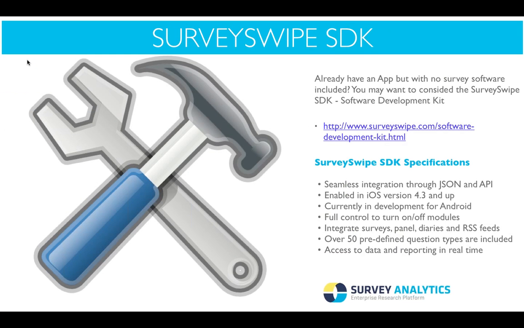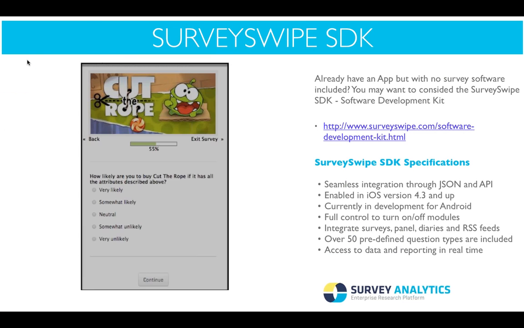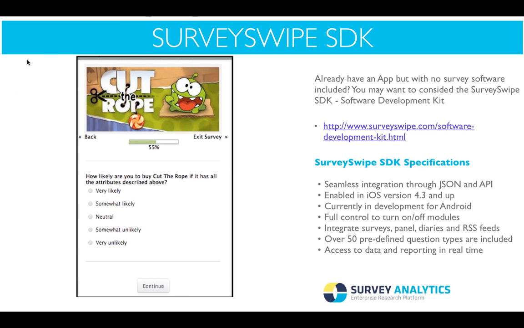We connect the SurveySwipe surveying tools to the game app, and then they'll be able to solicit feedback when people are done with specific levels or reaching certain points, those kinds of things, and then they'll be able to open it up directly in their app and take a particular survey. So you can ask questions like, how likely are you to buy Cut the Rope if it has all the attributes described above.